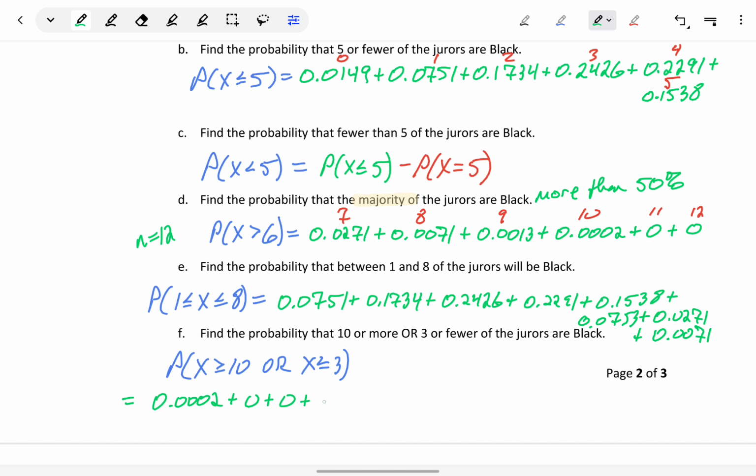And then we could start at the probability that x is exactly 0, 0.0149, and work our way up to 3. So we'd add 0.0751 plus 0.1734 plus 0.2426.